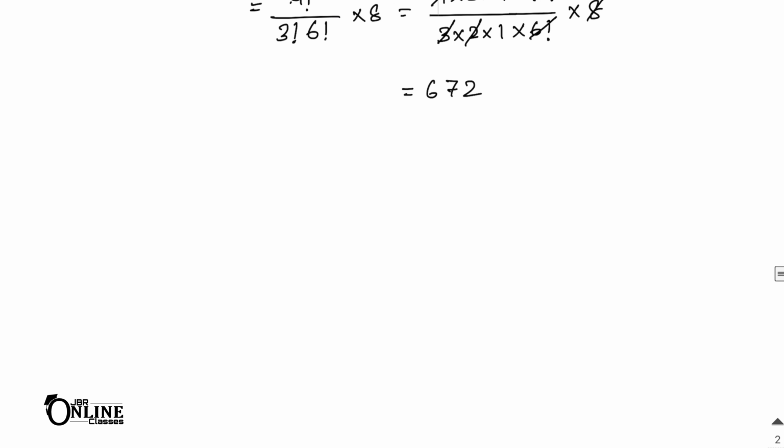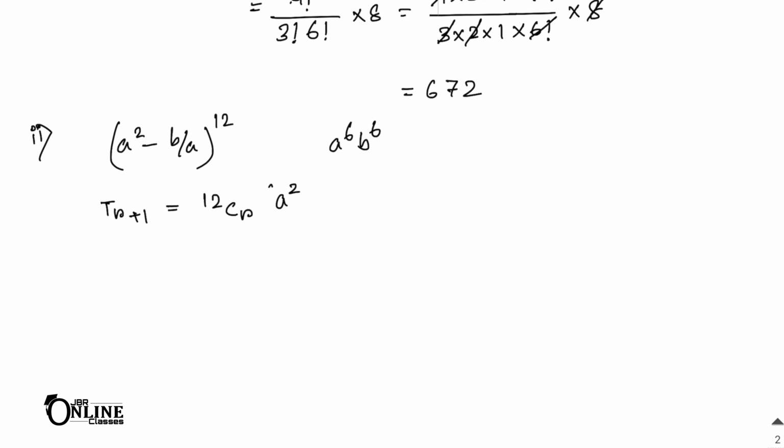Now the next part, that means sum number 16(2). In sum number 16(2), you have the expansion (a square minus b by a) whole to the power 12, and you have to find out the coefficient of a to the power 6 b to the power 6. So again, suppose the general term, that is t(r+1), it will be 12Cr, then (a square) to the power 12 minus r, (minus b by a) whole to the power r.